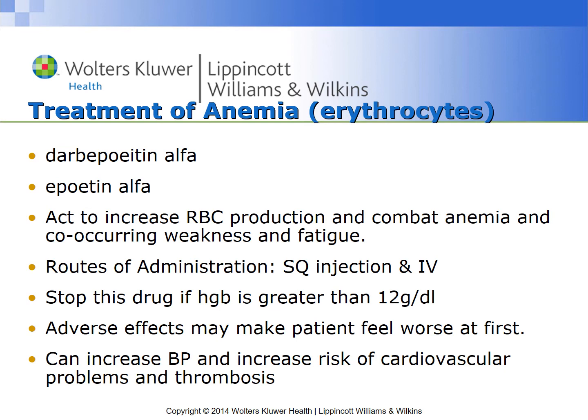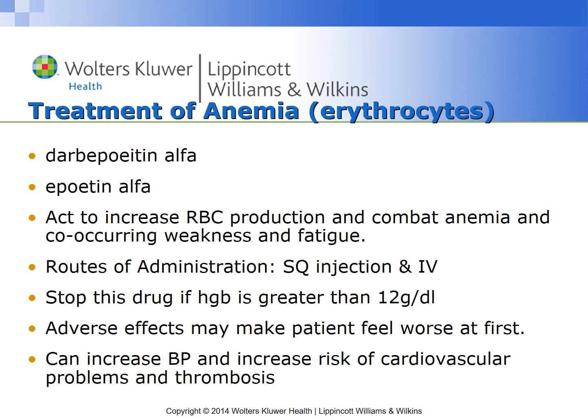So darbepoetin and epoetin are the two drugs that you have as your exemplars, and of course they're going to increase that red blood cell production and help combat the anemia and other signs and symptoms of weakness and fatigue and shortness of breath, and also help to keep the patient from maybe having to receive blood transfusions.